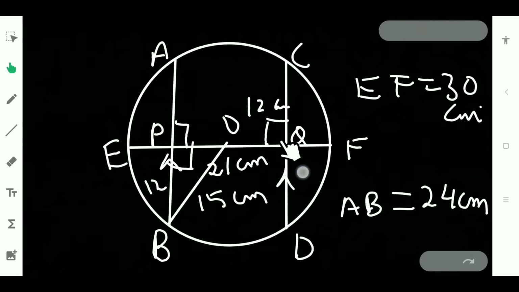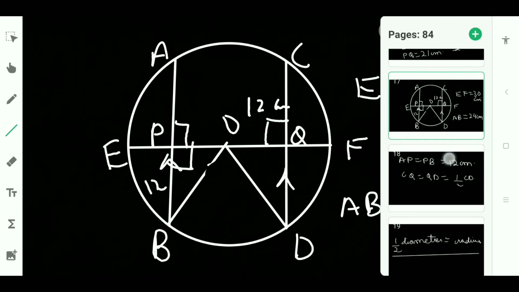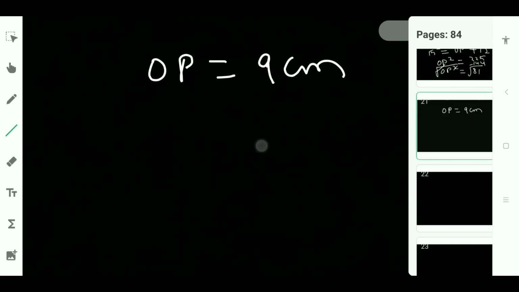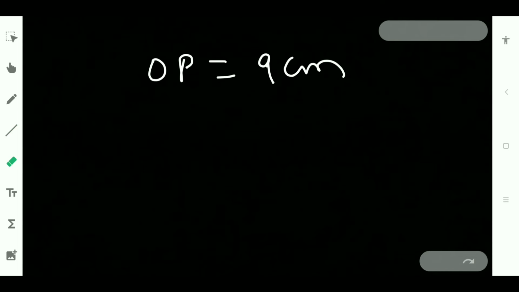Now we have to find the length of this chord. So I am just rubbing these measurements over here. Now join OD.